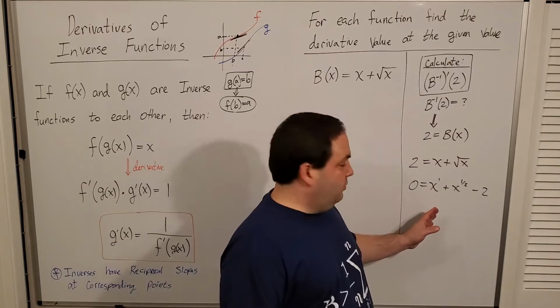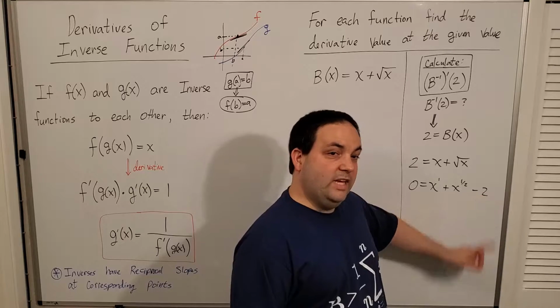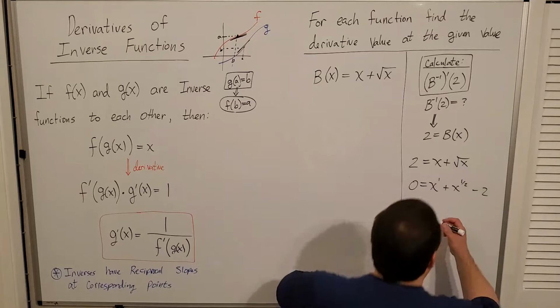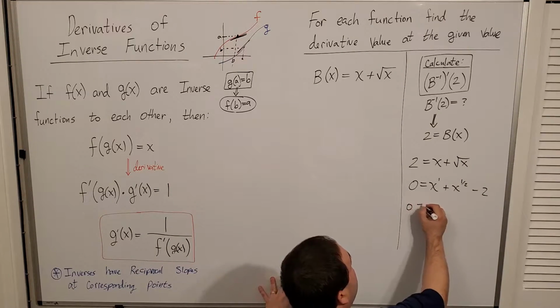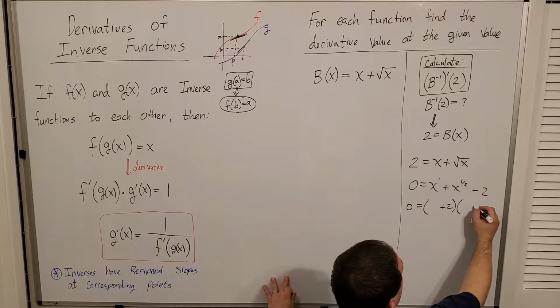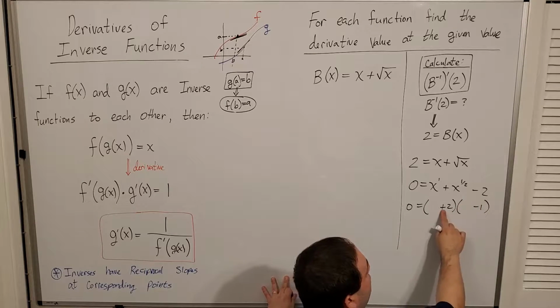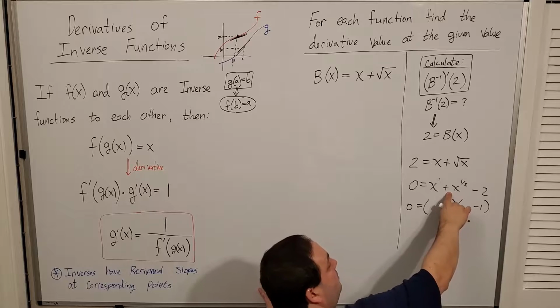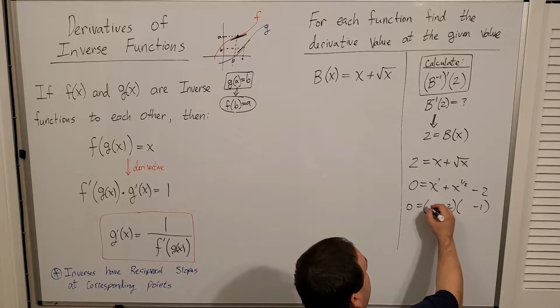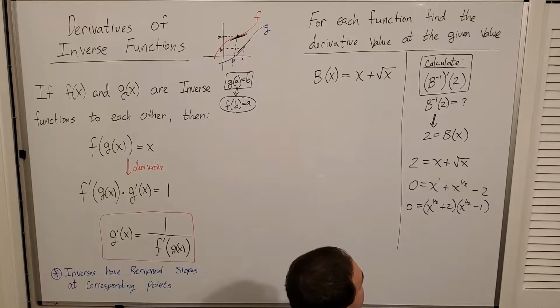This one, factoring is pretty straightforward because I have two numbers that will add to 1 and multiply to negative 2. So that would be 0 equals something plus 2 times something minus 1. 2 times negative 1 gives me negative 2. 2 plus negative 1 is 1. What goes in the front of each of these would be x to the 1/2, like this.